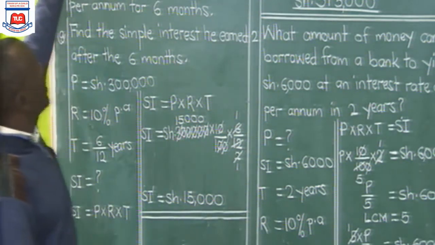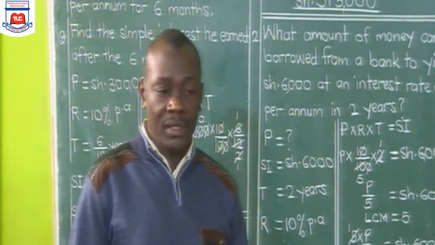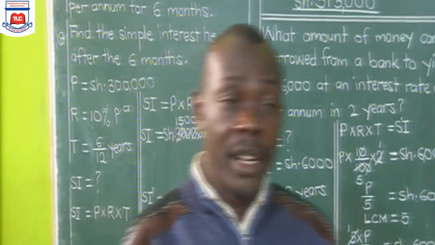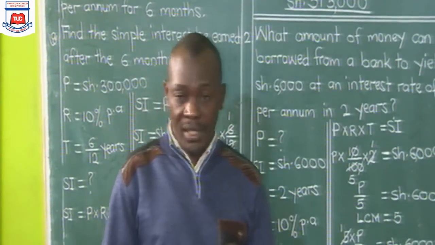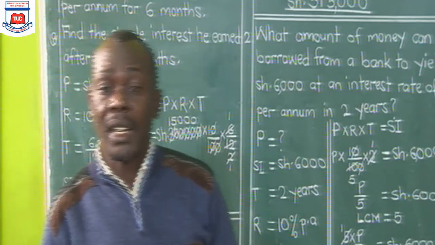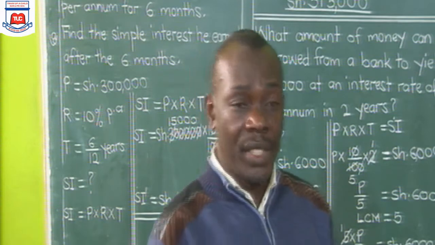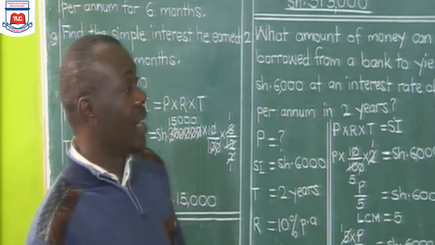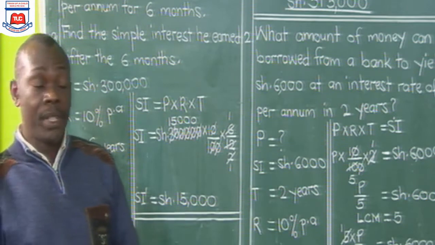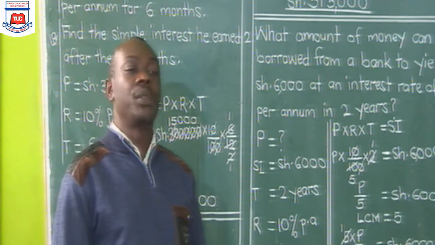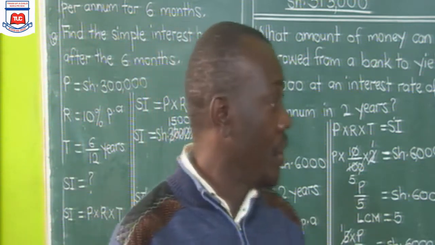Then we shall look at the rate. What's rate? Rate is the percentage at which the bank extends interest. That's why it's also called a rate of interest. It's expressed as a percentage at which the bank calculates the simple interest.